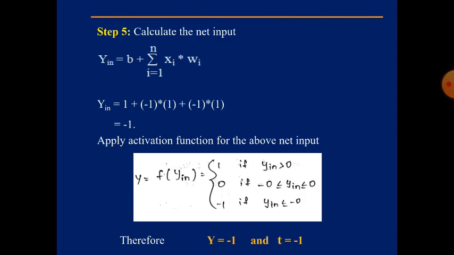So 1 minus 1 minus 1: 1 plus 1, -1 gets cancelled and we will get -1. -1 means it falls under the third condition, where net input is less than or equal to -0. So now we will get y as -1. The observed output is -1, expected output is also -1. So here it is satisfied and we will stop the fourth case also.